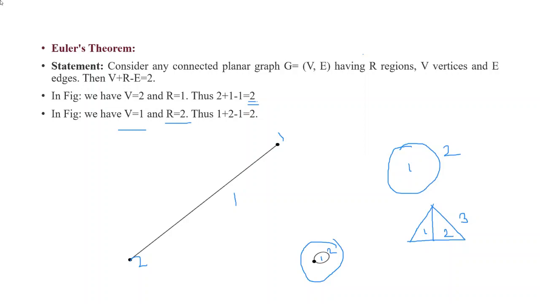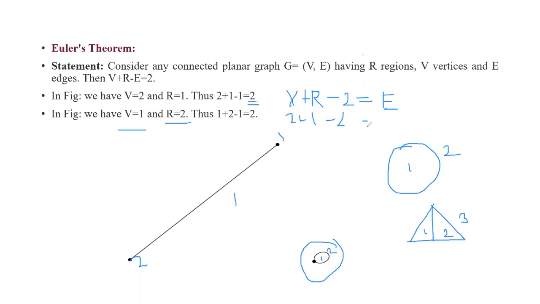So we can modify Euler's theorem also: V plus R minus 2 is equal to E. So V is equal to 2 plus 1 minus 2.